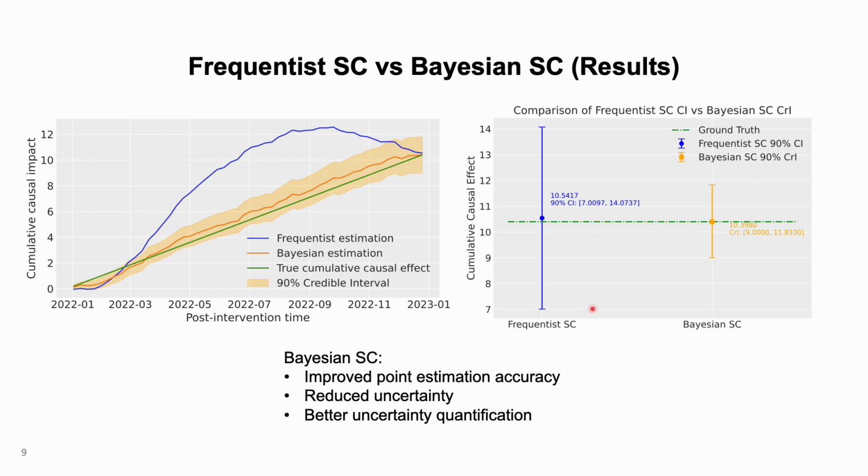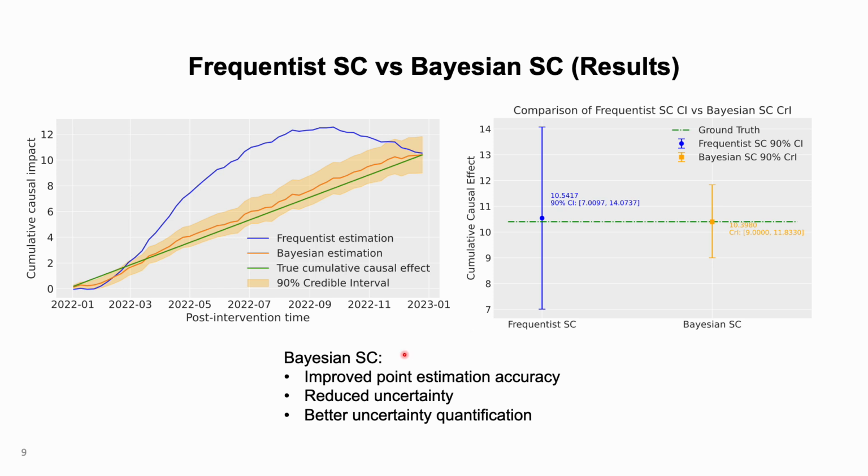First, for the point estimate, it's clear that the point estimate from the Bayesian approach is closer to the ground truth, which is highlighted in green here. Also, the credible interval from the Bayesian approach is narrower than the frequentist approach.